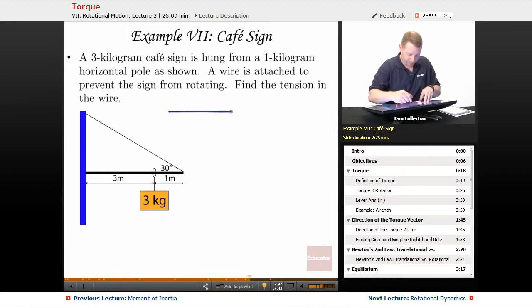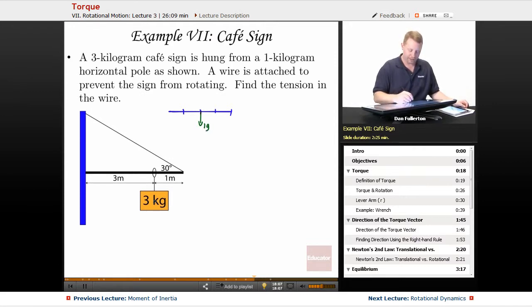If there's our pole that goes with our sign, it looks like it's a 4-meter long pole, so 1, 2, 3, 4 meters. As I look at the different forces acting on it, the pole is 1 kilogram, so the gravitational force at the center of mass is going to be 1 kilogram times g, or 1g at the center.